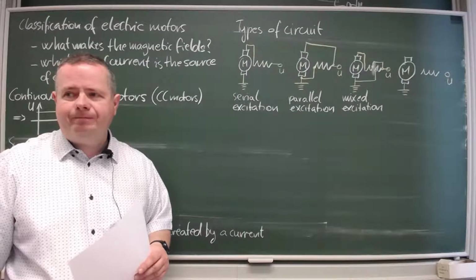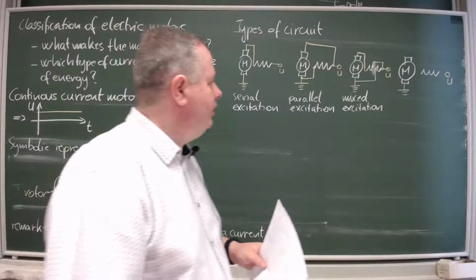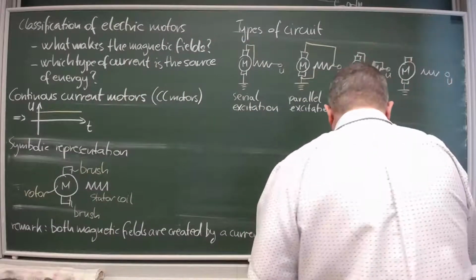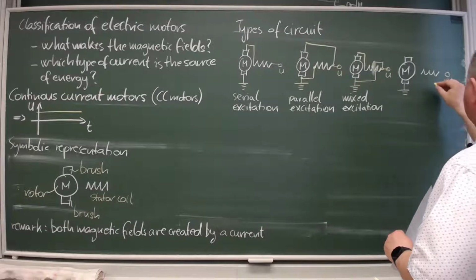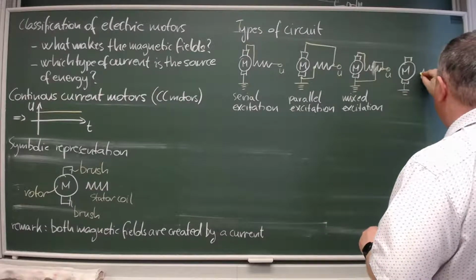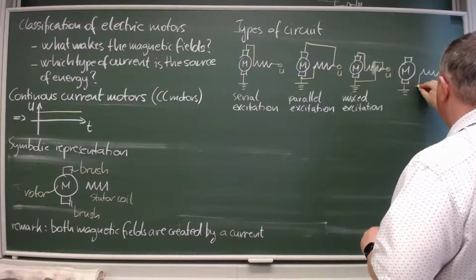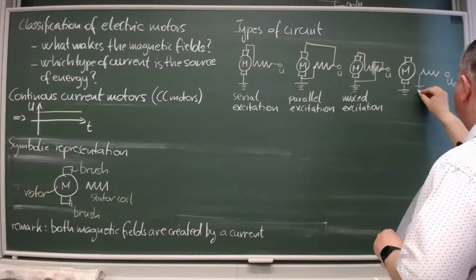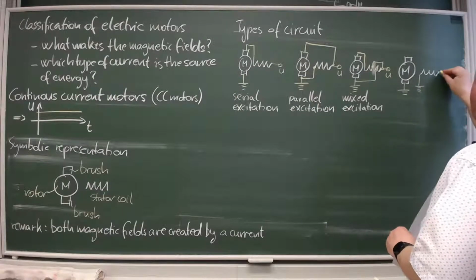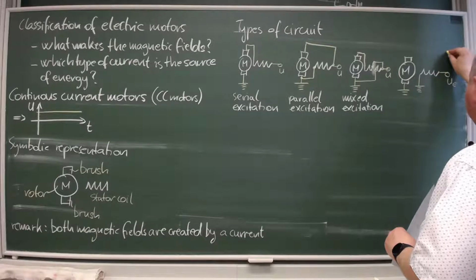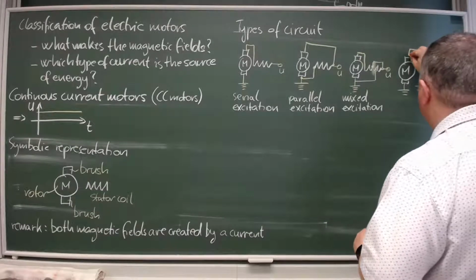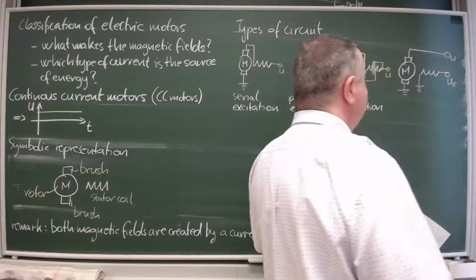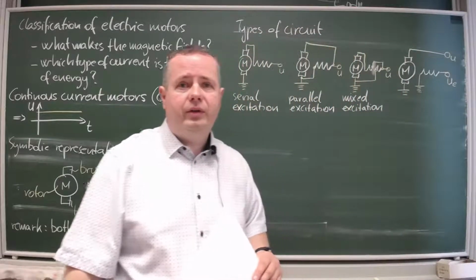Okay? And the fourth possibility is what we call the external excitation, when we get an exciting tension and we get a working tension. We get two sources of tension, two sources of current.